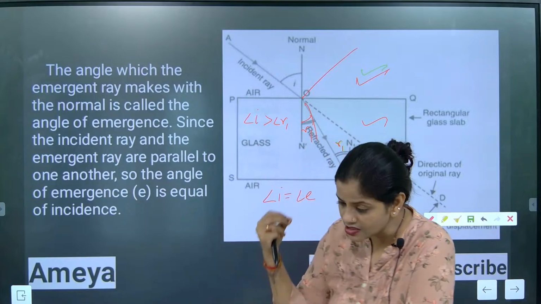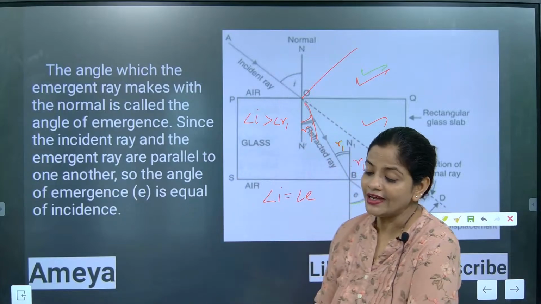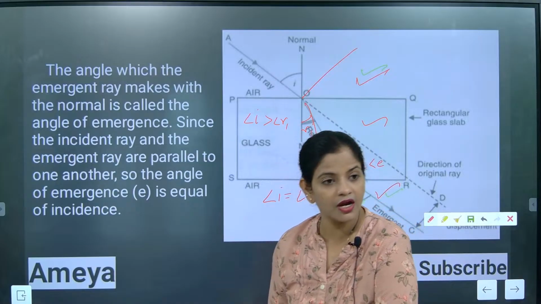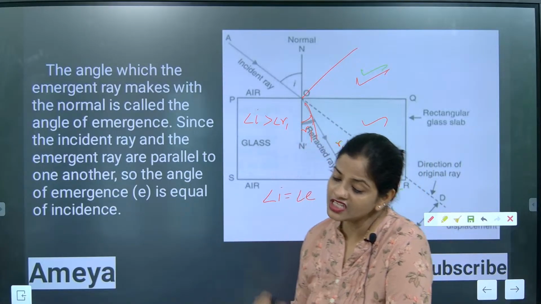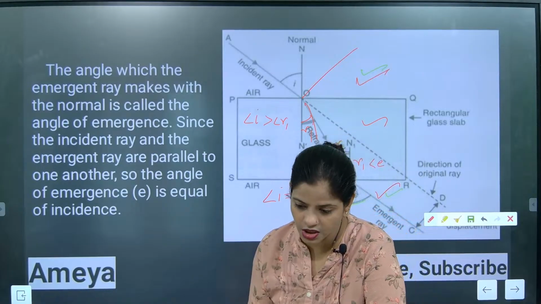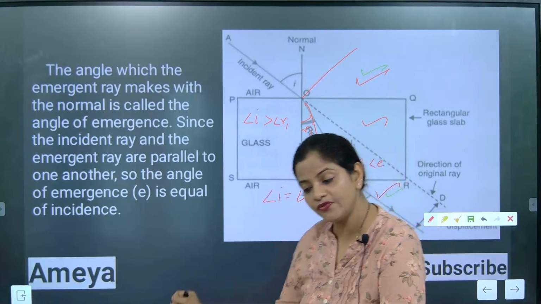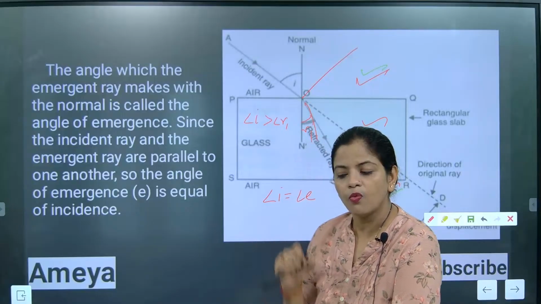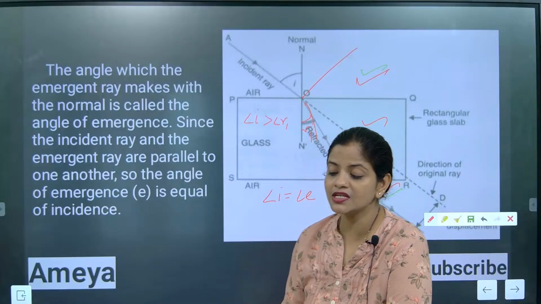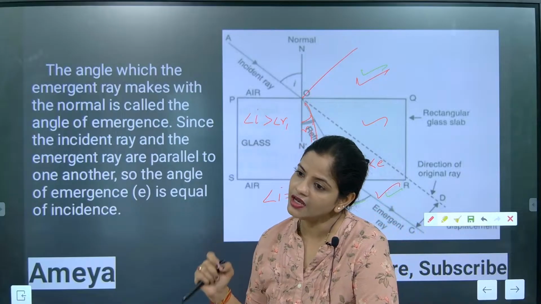And since there is a change in speed, the light ray will enter one by one in the waveform, and because of that, bending will occur. This bending will either be towards the normal or away from the normal. Understood? And beta, if it is towards the normal, the angle of incidence will be greater than the angle of refraction.